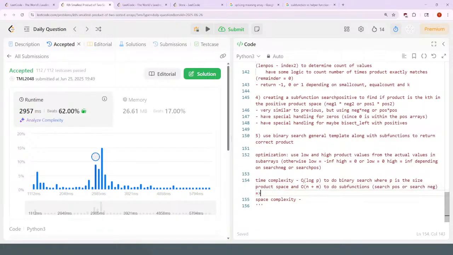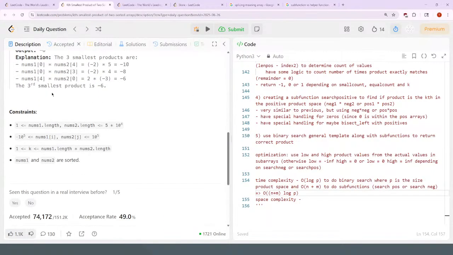So overall it's going to be O of n plus m times log p. Now p, the product space, the lengths are not necessarily the same, I want to say.